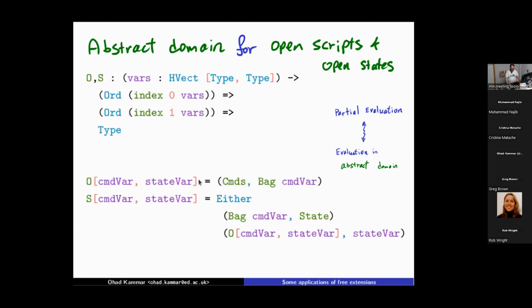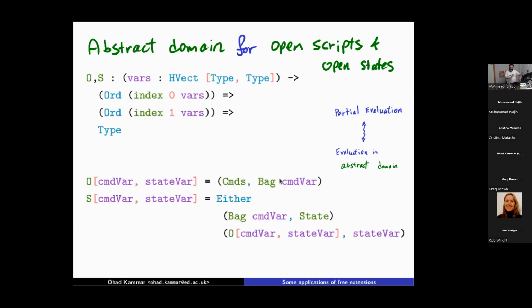Okay, and an open script has two parts. It has the part of commands from previously. I can partially evaluate all the concrete commands using my closed partial evaluator. And then I have a bag of command variables, and I'm taking advantage of the fact it's a commutative model. It just simplifies it because of this representation, but it's not essential. Okay, so an open script has two parts.